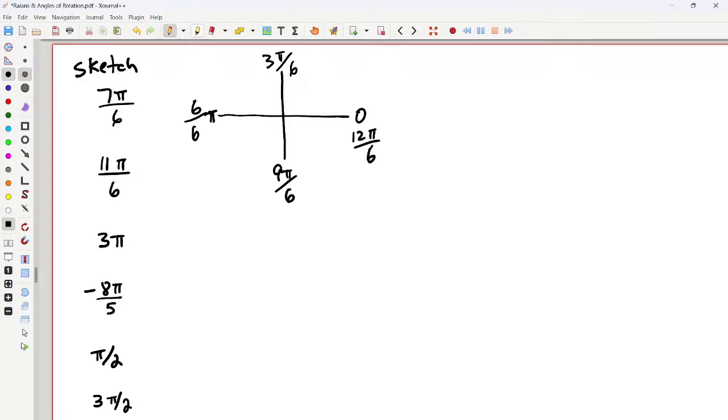You double check. That simplifies to 2 pi. Everything's ready to go. Where is 7 out of 6? Right there, in between 6 and 9. That is in quadrant 3.